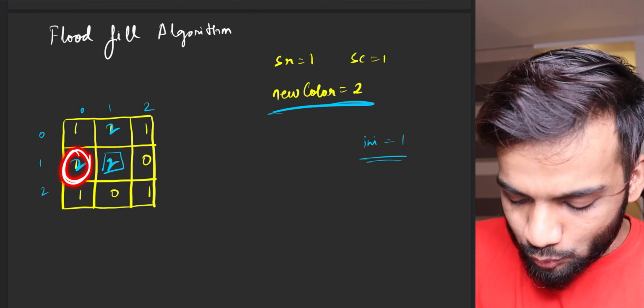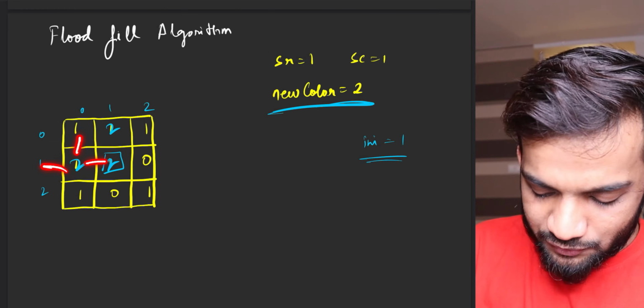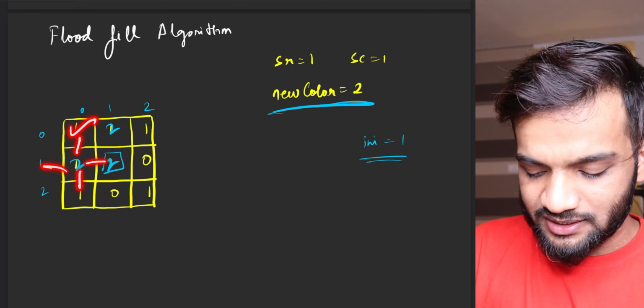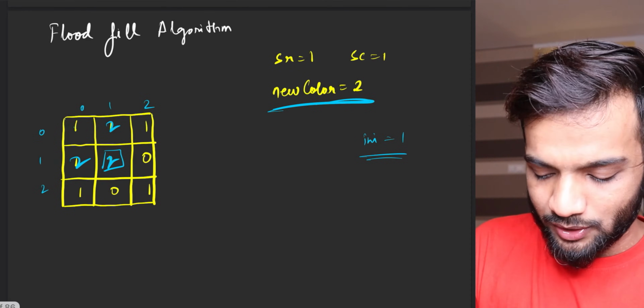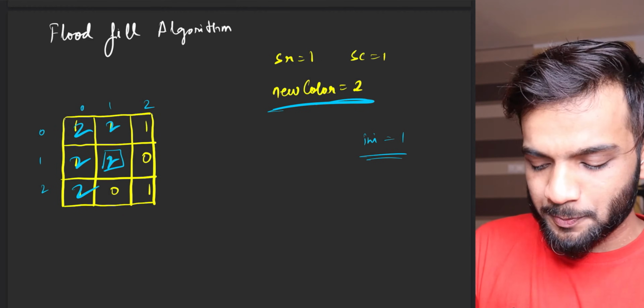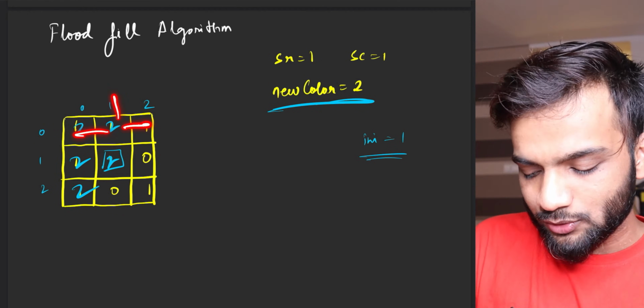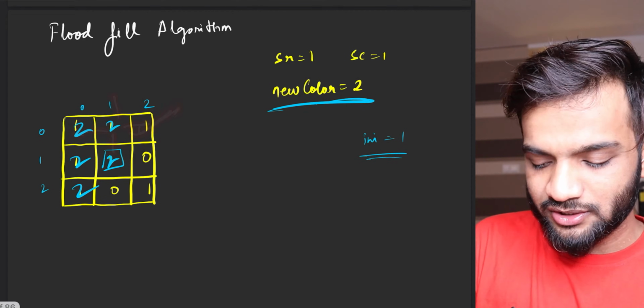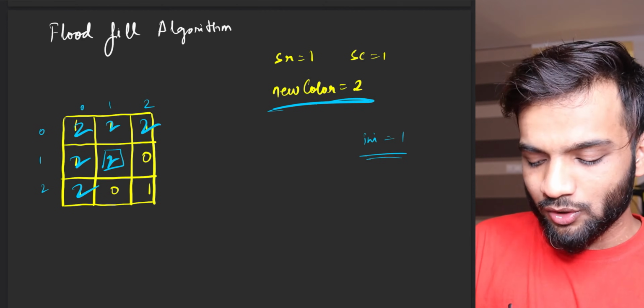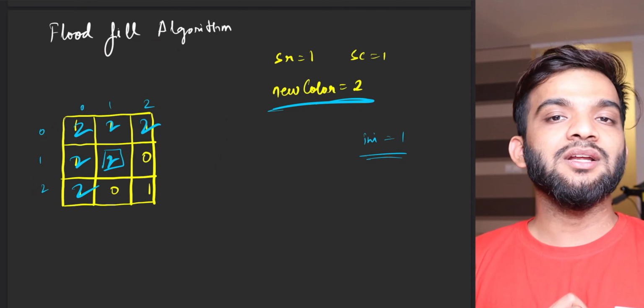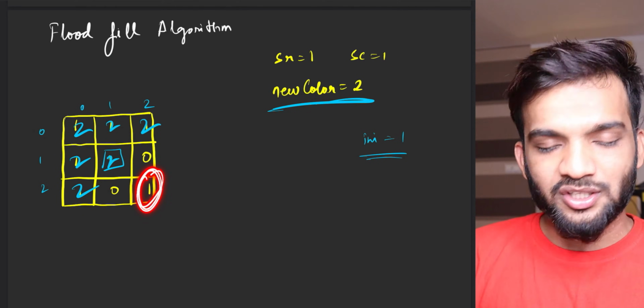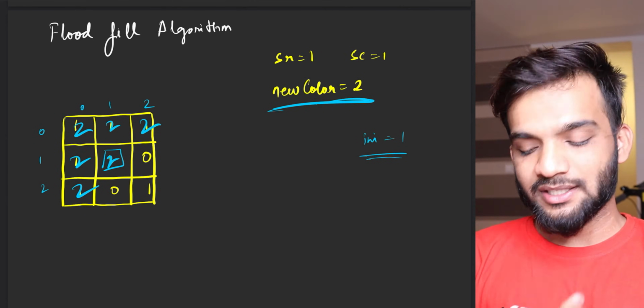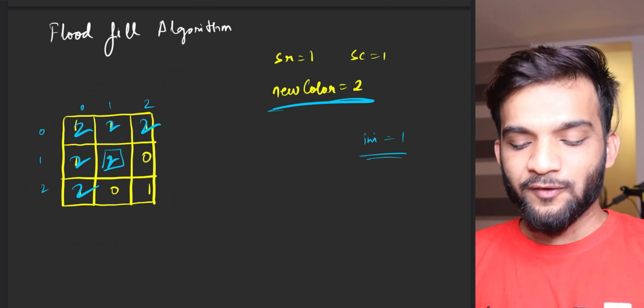After that, these 2s are connected in these 4 directions. So you can color this and this. So again, make sure you color this and this. Now this pixel is again connected to these. So you can color this, thereby color this. As of now, this is the final configuration. We could not reach this, so we will keep it as it is. So this is how you flood fill the algorithm.